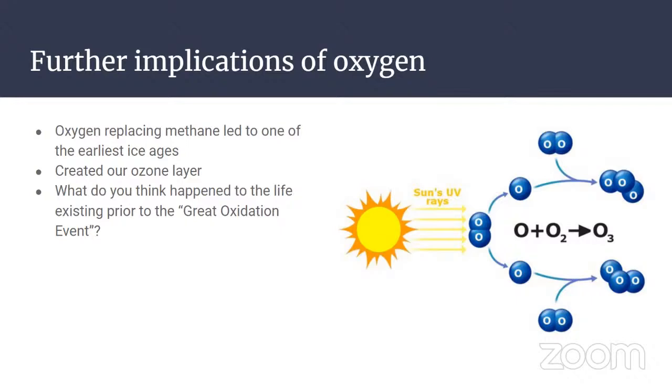And one of the ideas about this is that as the atmosphere is shifting, less of the methane, more of the oxygen, so less of this warming effect creates that disruption. The oxygen also helps create our ozone layer. So oxygen literally reacts with the UV rays from sunlight to form ozone. So as this is happening, we are creating an ozone layer, which we have today.